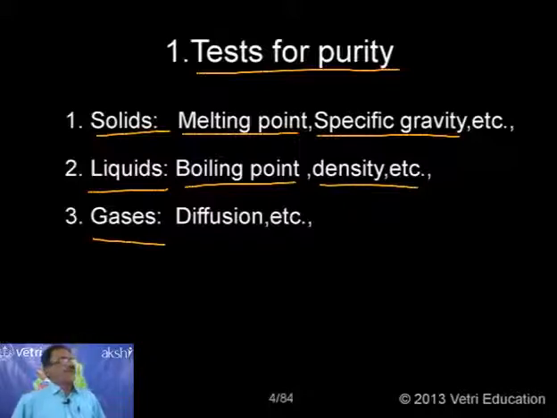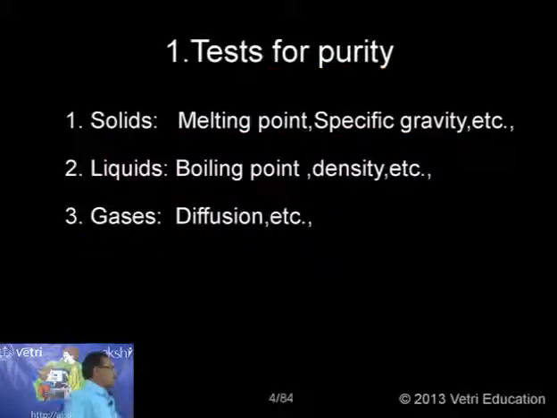We already know what boiling point is: the temperature at which the vapor pressure is equal to atmospheric pressure. The boiling point of water is 100 degrees. If it is pure, the boiling point will be 100. If it is impure, the boiling point will vary. So liquids can be tested for purity by noting boiling point, density, etc. In the same way, the impurity of a gas can be tested by diffusion rate. Okay, let me discuss.